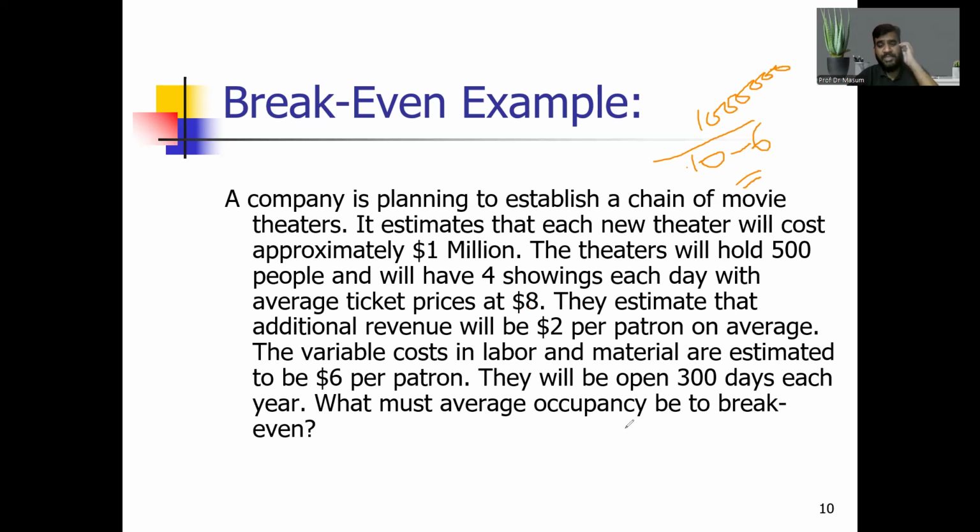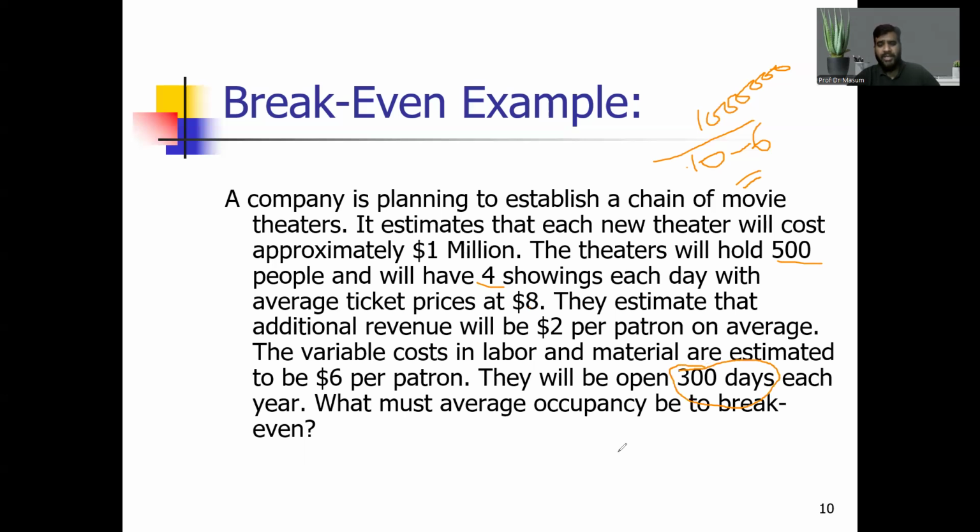Average occupancy rate. What is the total occupancy? Total occupancy is 500 tickets, 4 showings. So per day is 2000. And how many days will the theater open? 300 days.